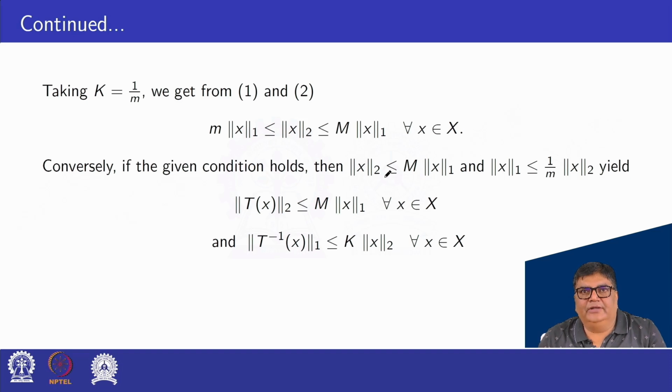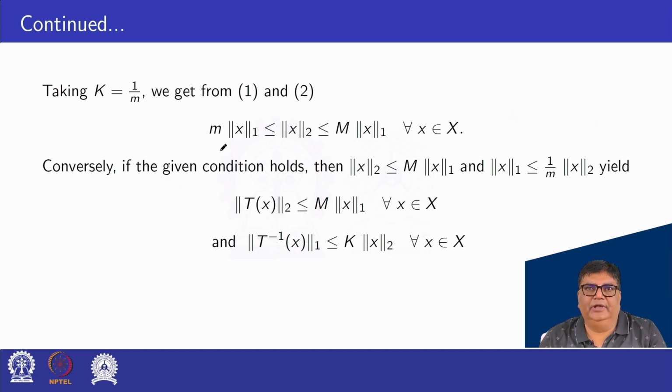then norm x2 is less or equal to m norm x1. So norm x1 is less or equal to 1 upon m norm x2. So norm of Tx is less or equal to m norm x1, and from here norm T inverse x1 is less or equal to k norm x2. So Tx and T inverse x are bounded.